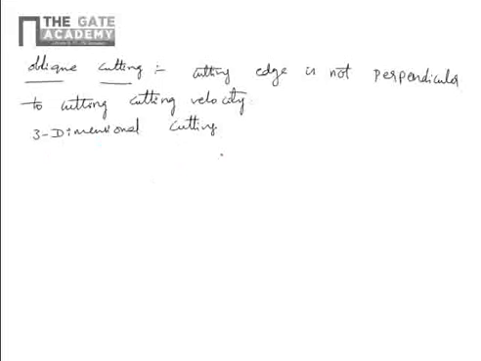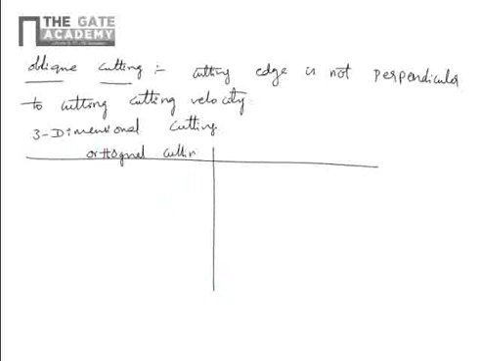So the three major differences are, just write out the difference between orthogonal and oblique cutting. In orthogonal cutting, as we mentioned, the cutting edge is perpendicular to the tool direction.